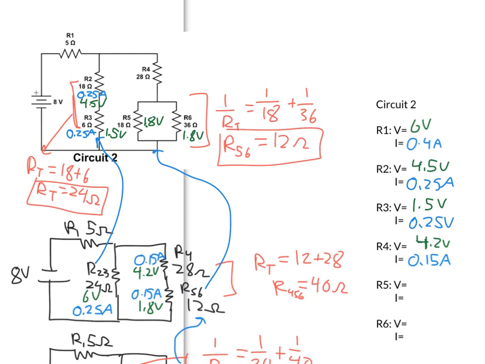So when I go ahead and solve for this first one, it's going to be 0.1 amps, and for the second one it's going to be 0.05 amps. Again, just going back to Ohm's law each time. So R5 is 0.1 amps and R6 is 0.05 amps. And then the voltage on each one is going to be that 1.8 volts. And there we have it. That second circuit has been analyzed.